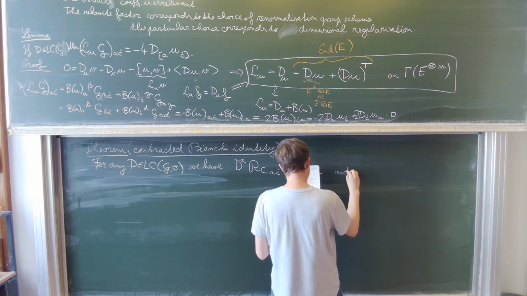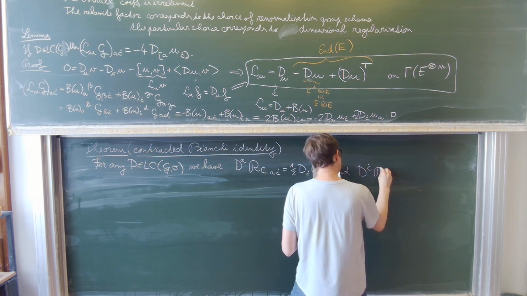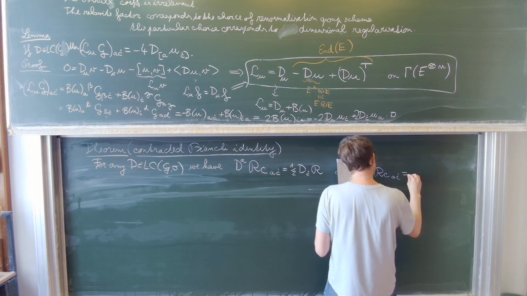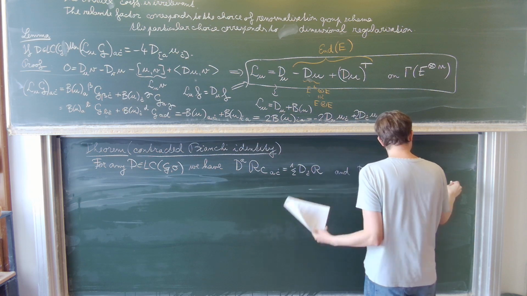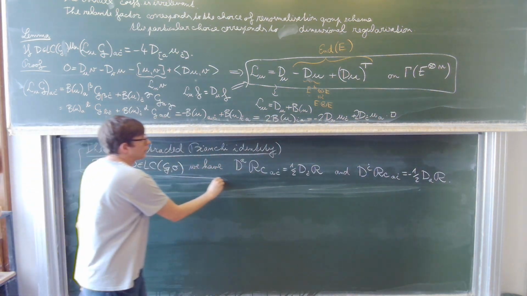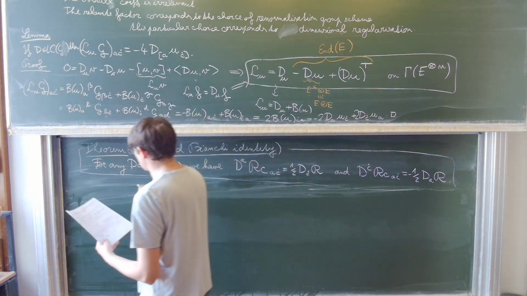And the second one, which is... Okay, so there is a differential identity that connects Ricci and R and scalar curvature.